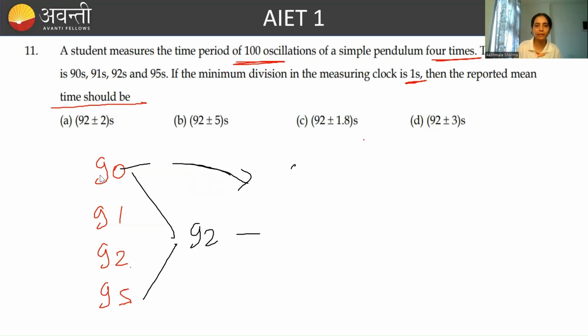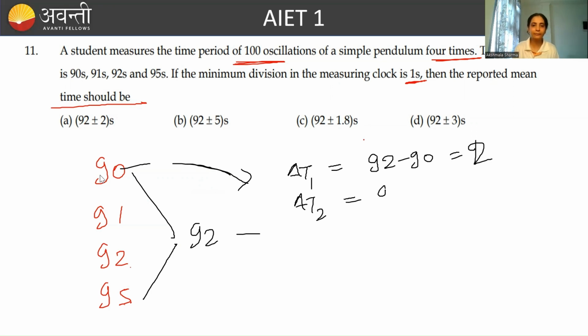So in the first case, how much will my error be? If I take it as delta T1, then this is equal to how much? 92 minus 90, that is equal to 2. Again, what is my delta T2? That is 92 minus 91, that is 1. What is your delta T3? This is 92 minus 92, that is 0.